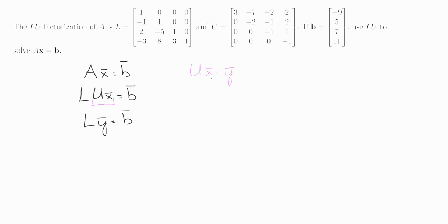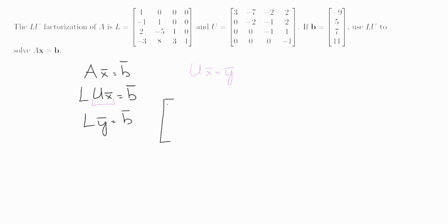Essentially, we are taking a very complicated matrix that might be hard to solve using Gauss-Jordan elimination, and then turning it into two Gauss-Jordan elimination steps, each of which is much easier to solve. So we're going to start off with our L and with our B and do row reduction on them to get us to some new Y vector.